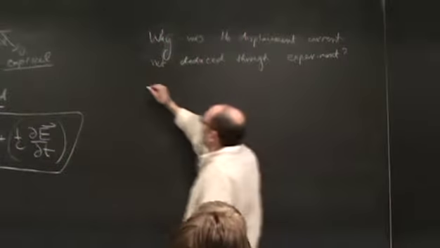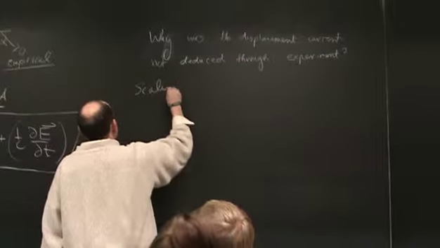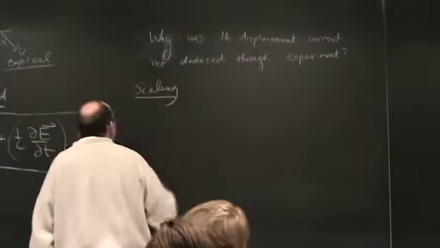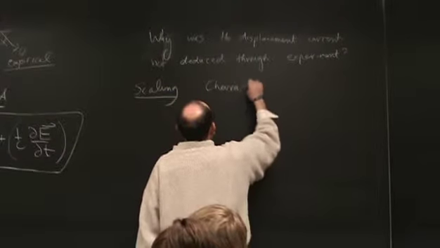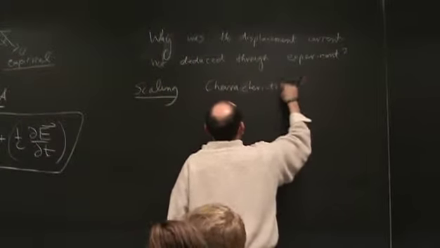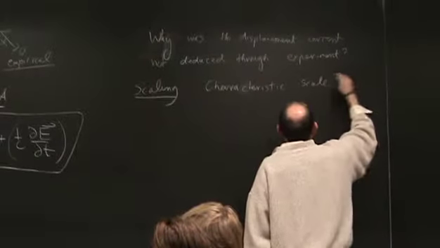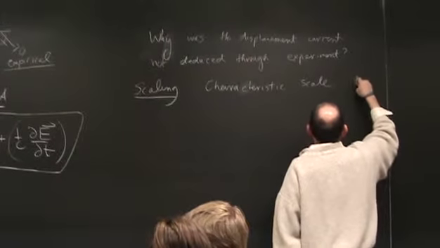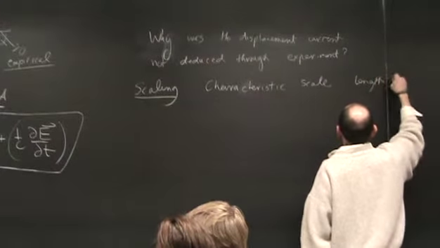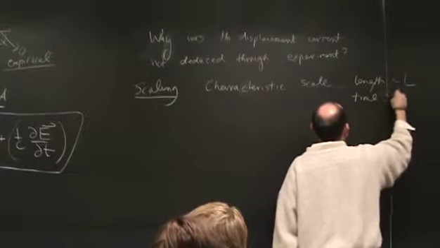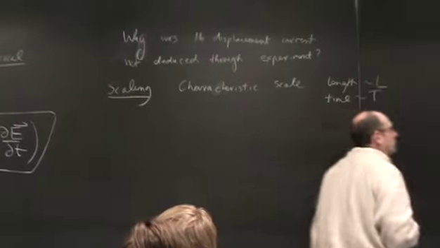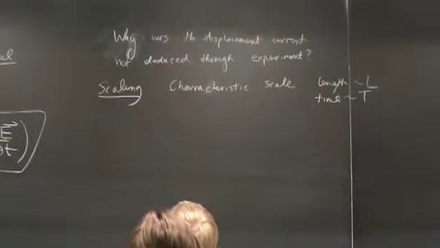Well, let's just do a scaling argument. Let's say L is the characteristic scale of length associated with my distribution and T is the time scale over which the charges are changing, things are changing in time.